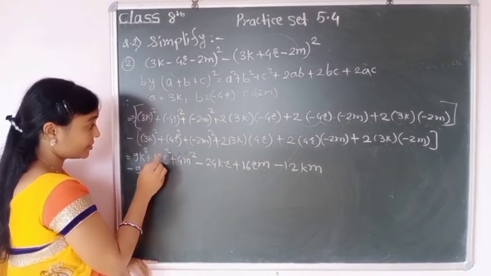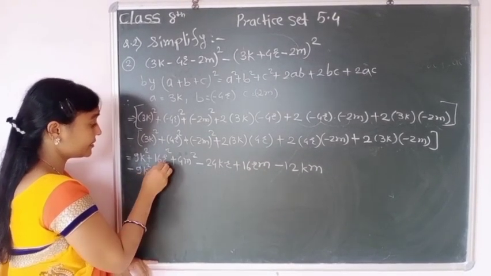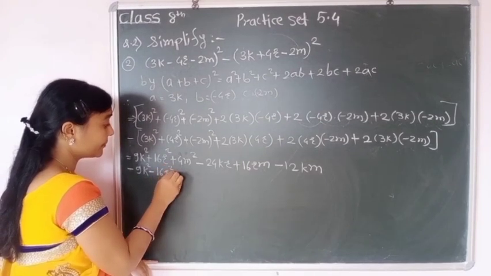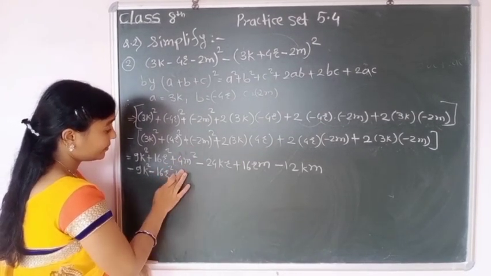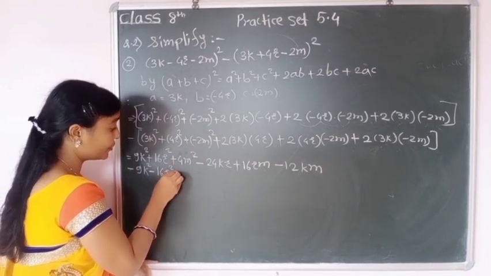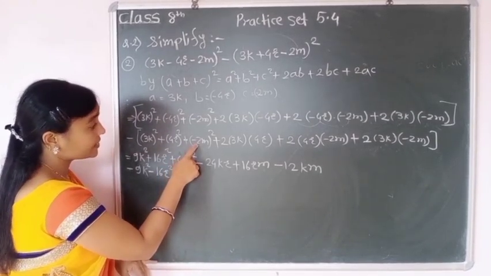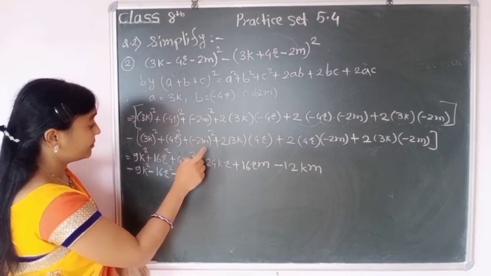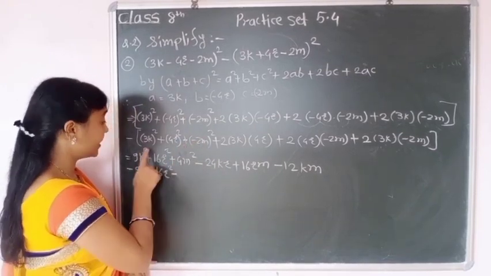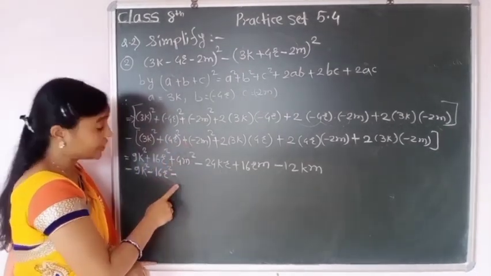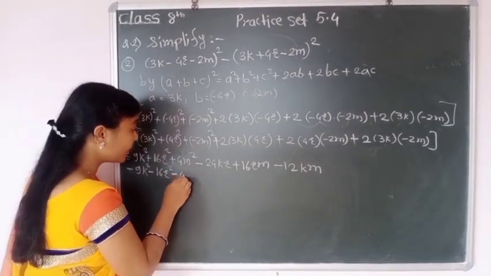Here is plus, so we write down here minus 16r square. Then plus, here is the plus, then we write down here minus, because this is the square of minus, minus minus plus. So here is plus, but here is the minus sign, so we change this: minus 4m square.